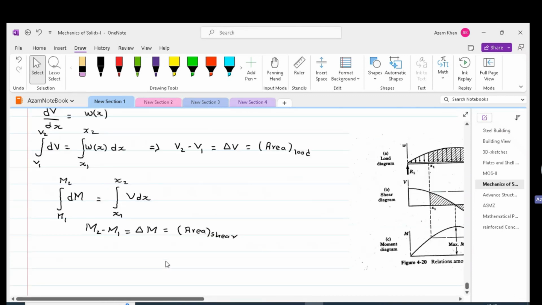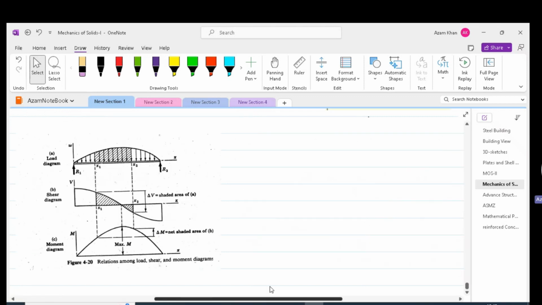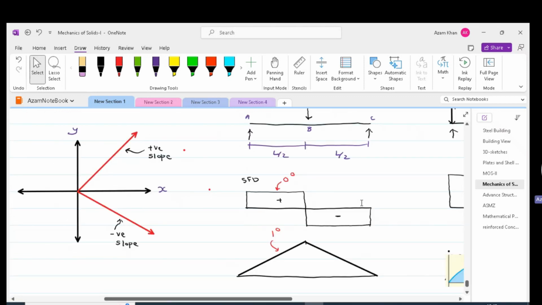As we discussed, the difference of moment is equal to the area of the shear force diagram between the 2 points. So if we consider points A and B, then the moment at point B will be equal to the area of the shear force diagram between section A and section B. This positive area will give us the magnitude of moment at midspan, which will come out to be PL by 4.